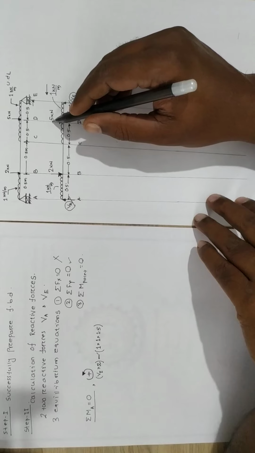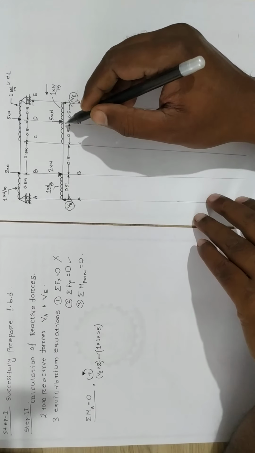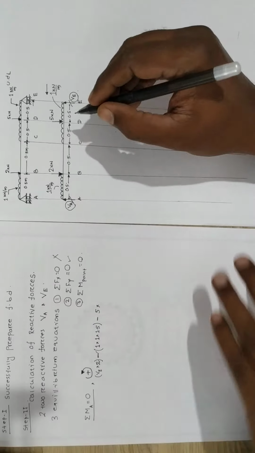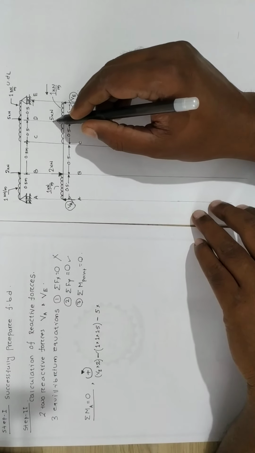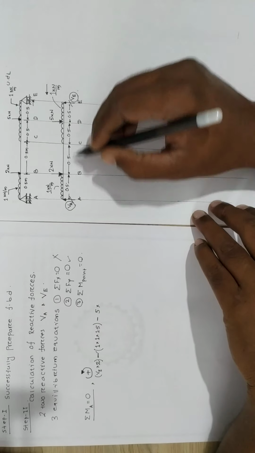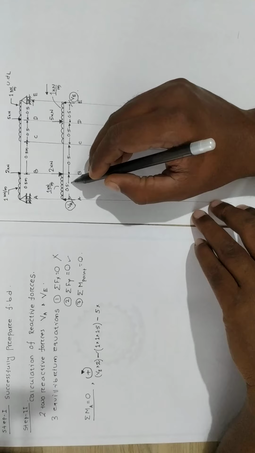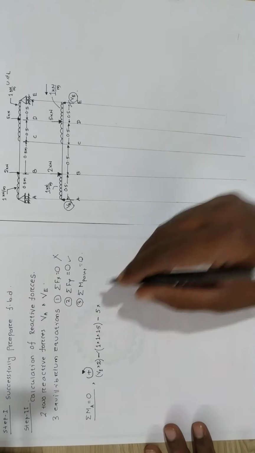Due to this 5 kilonewton force, what will be the nature of the moment? It will be clockwise, so again it will be minus. So this will be minus 5, and what will be the moment arm? The moment arm is again 1.5, between the line of action of this 5 kilonewton force and point A, the perpendicular distance is 0.5 plus 0.5 plus 0.5, so this will be 1.5.